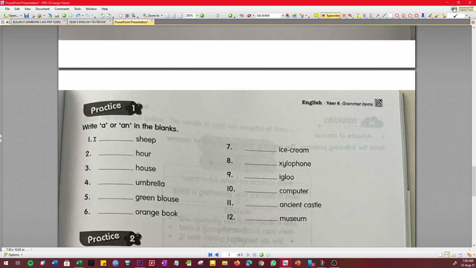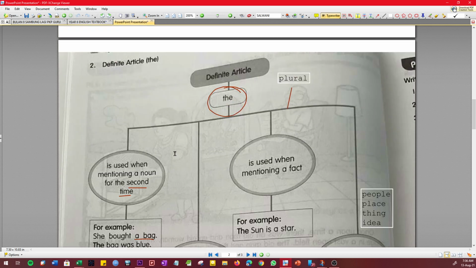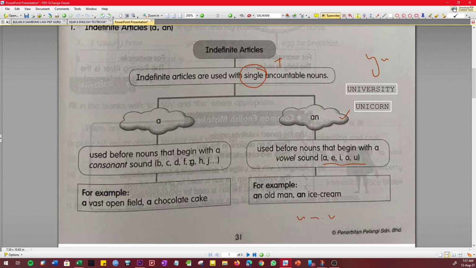All right, now, so ship, hour. This one. Another rule for this is we use an for silent H. Okay, silent H. For example, honesty.